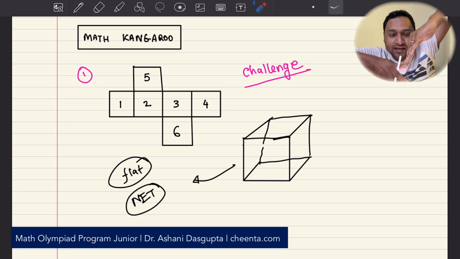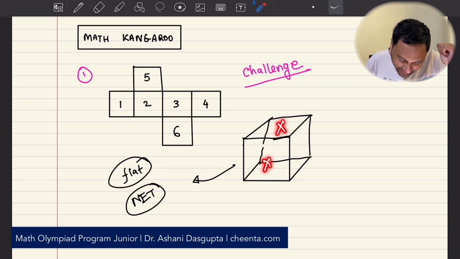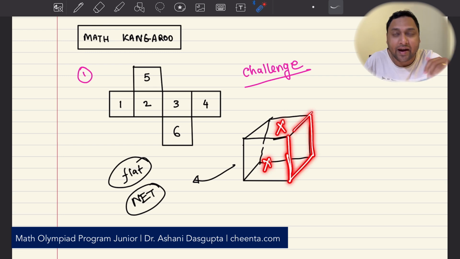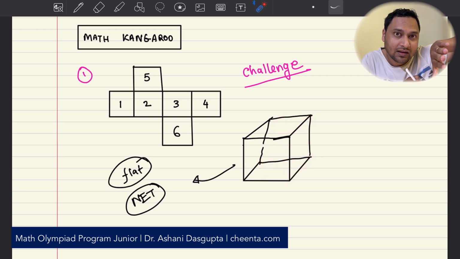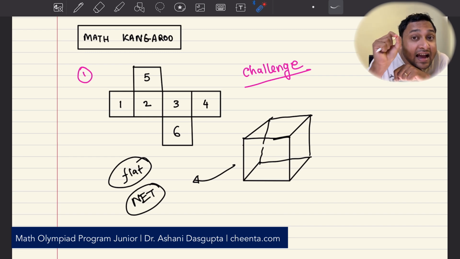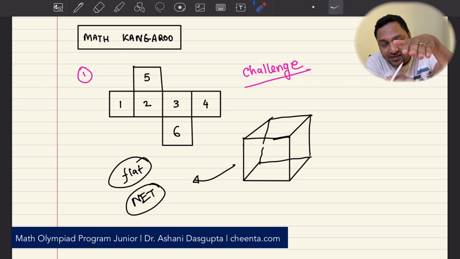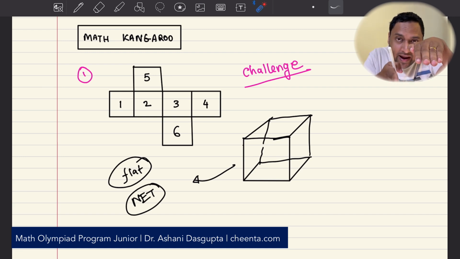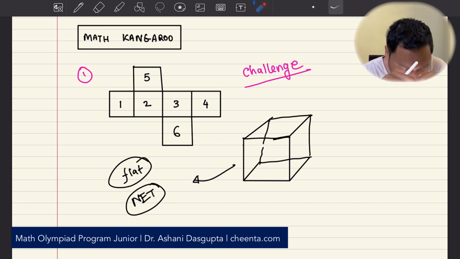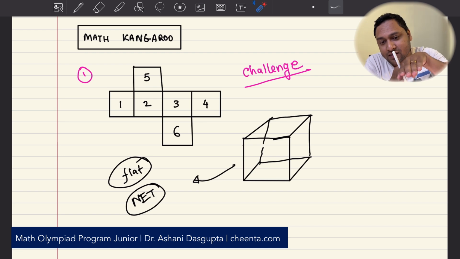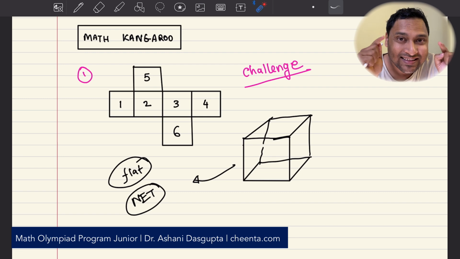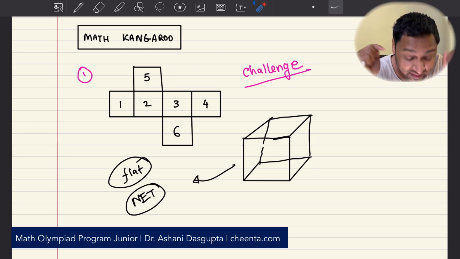If you really open it up, this face and this face have only this square in between them. That's the key observation, that if you have two opposite faces, only one square is coming in between them. Okay, so one square is adjacent to both of them. Adjacent means it's touching both of them. This is the key thing that we're going to use in this problem.